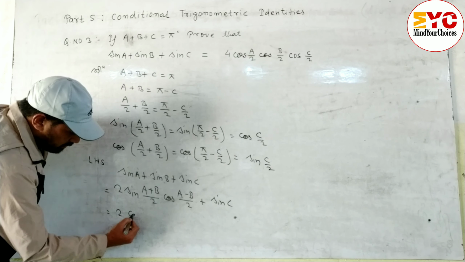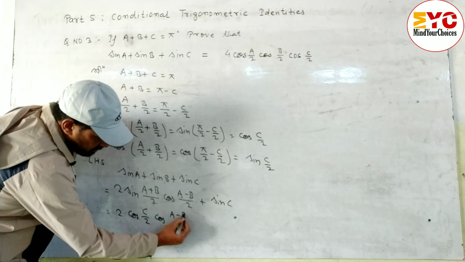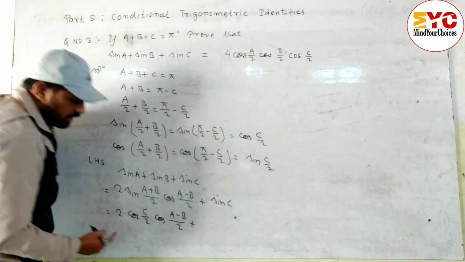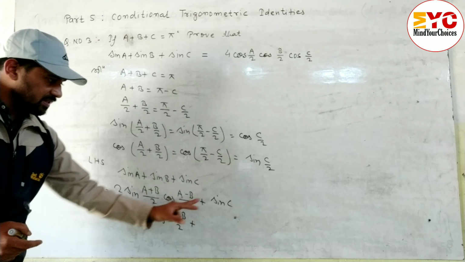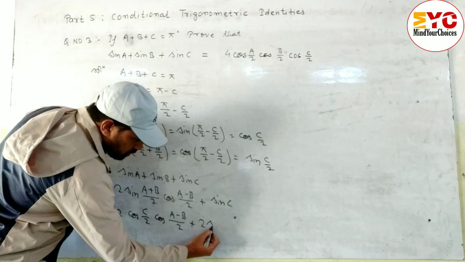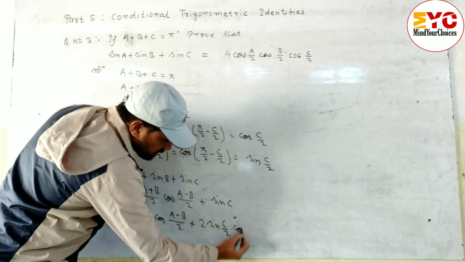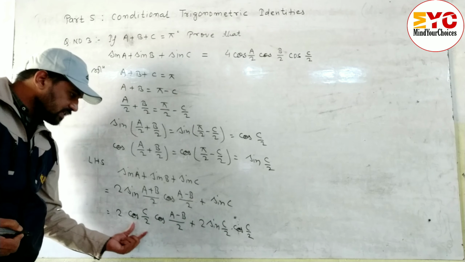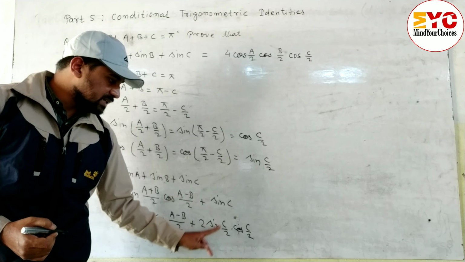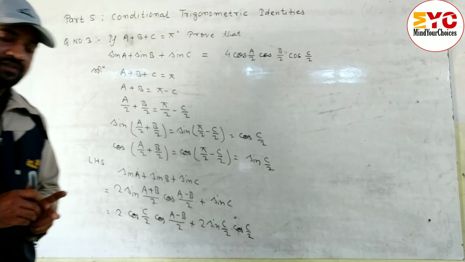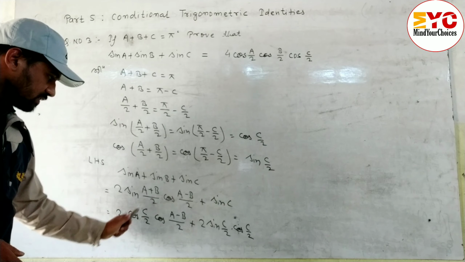So we can write cos(C/2), and this one we write the same, cos((A−B)/2), plus, now look here, here is cos(C/2) as well, plus 2 sin(C/2) cos(C/2). The sin C formula is always 2 sin(C/2) cos(C/2), and we always have to use this formula.